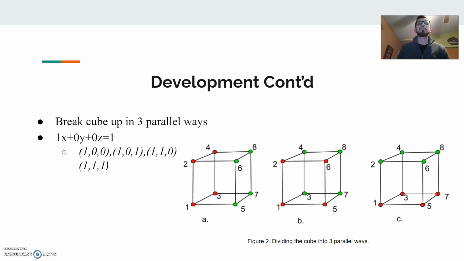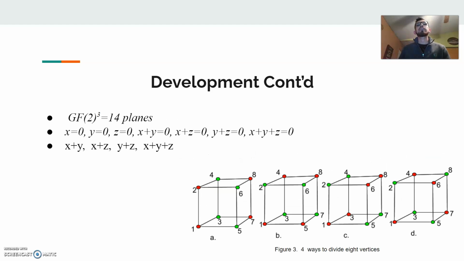For figure 2b, we can use the equation 0x plus 1y plus 0z equals 1, and for the final figure 2c, we can use the equation 0x plus 0y plus 1z equals 1.